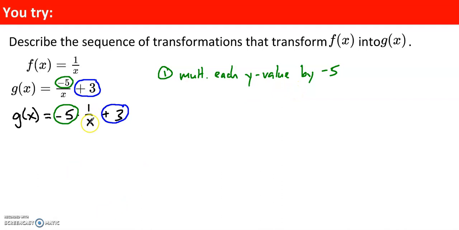So once we took that number 2 and multiplied the negative 5 by 1 over 2, then finally we would add 3. And that's happening to the function itself as well. So that will shift the graph up 3 units.